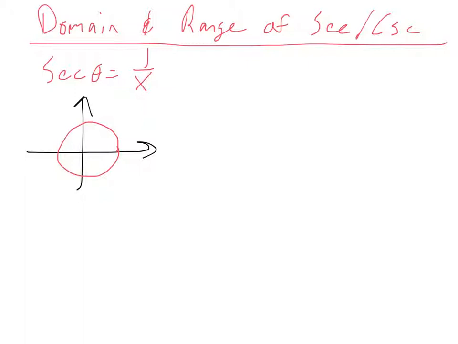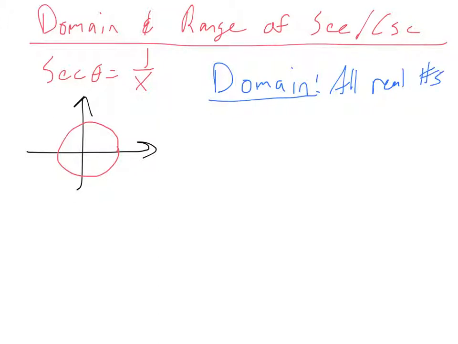First of all, I'm looking at the range there. The domain is just like tangent, right? All real numbers except anything that's going to make x zero, which are odd multiples of pi over 2.